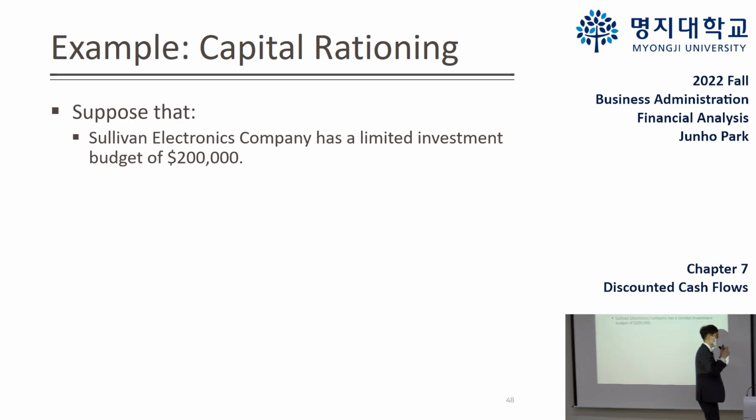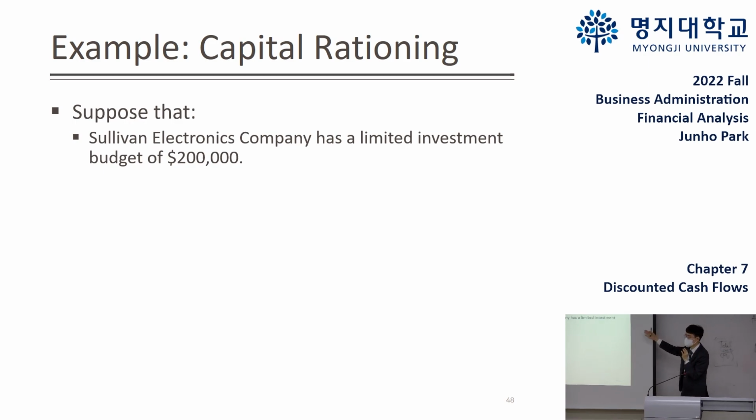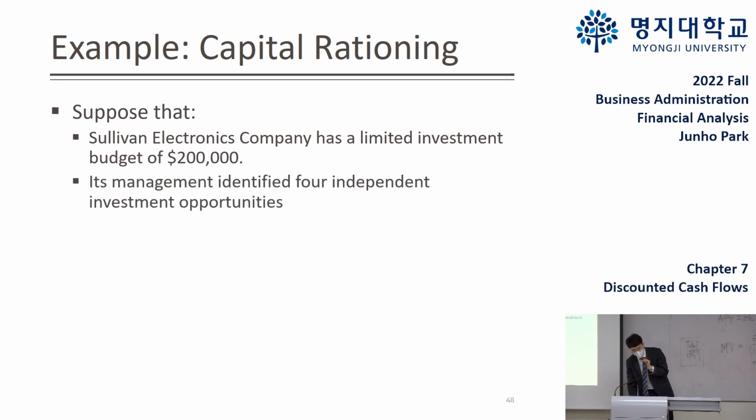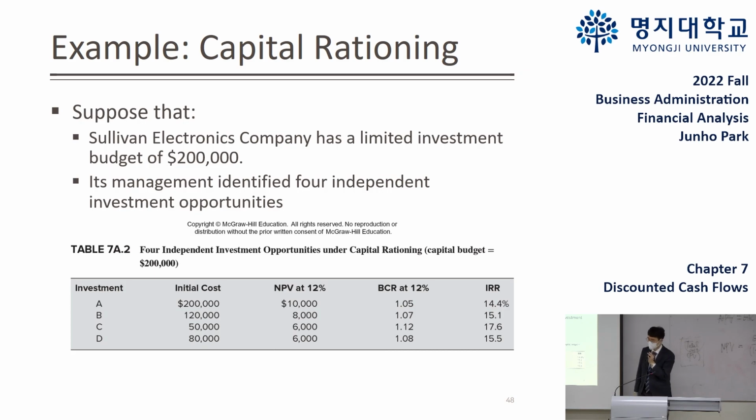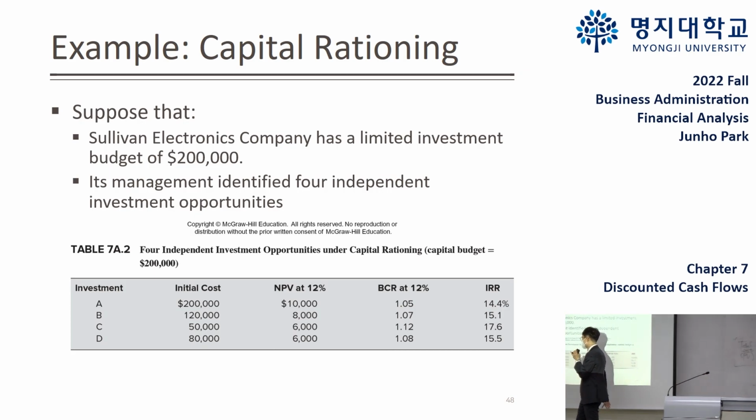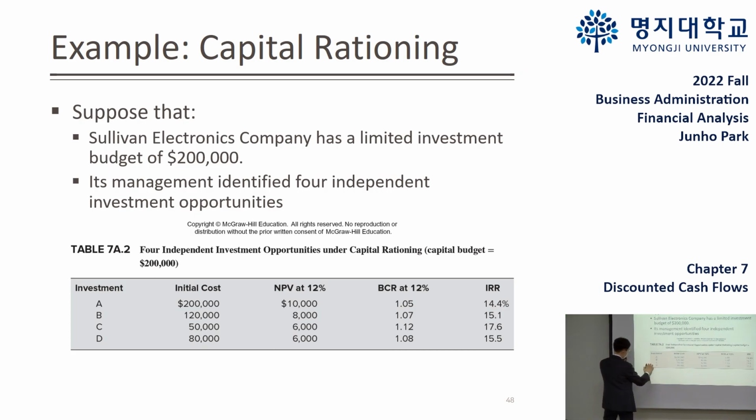So it cannot spend more money exceeding $200,000. However, they have to choose some of the investment opportunities. They have 4 different projects available, called investment A, investment B, investment C, and investment D.